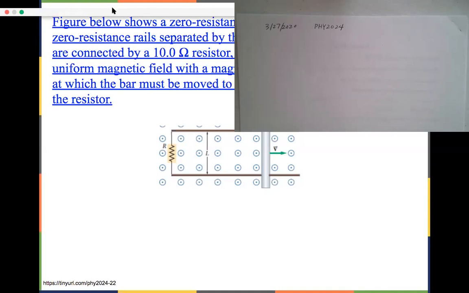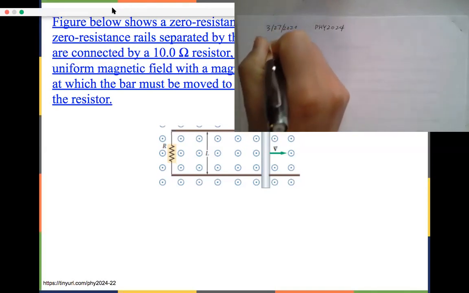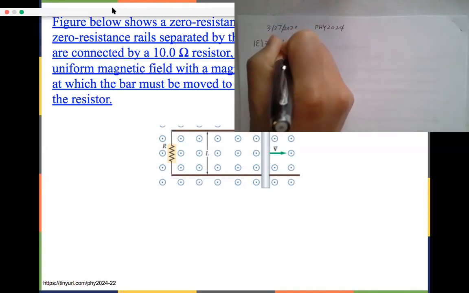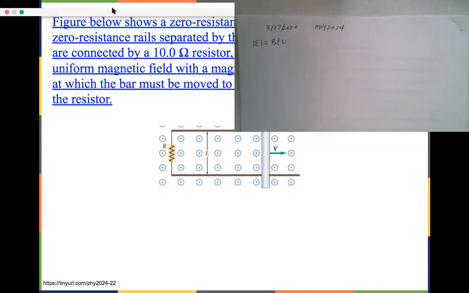All right, so let's take a look. For the voltage induced, or induced EMF, it's going to be equal to BL times V. That's one equation involved.